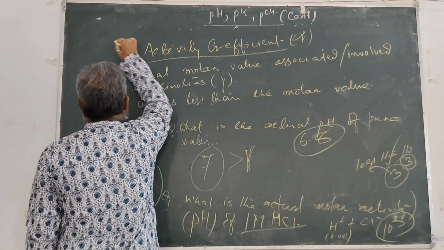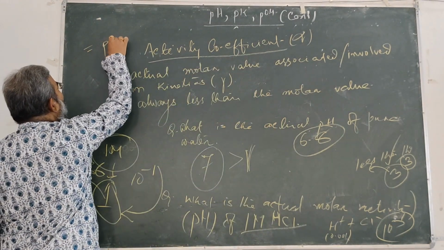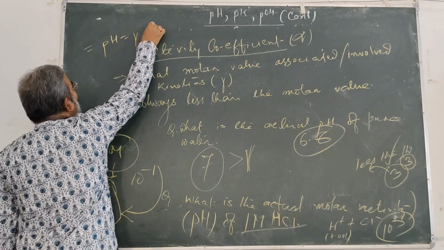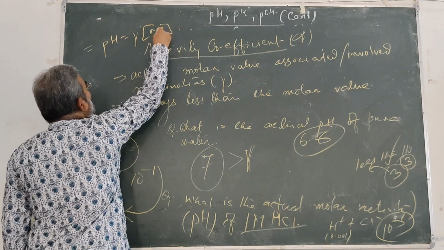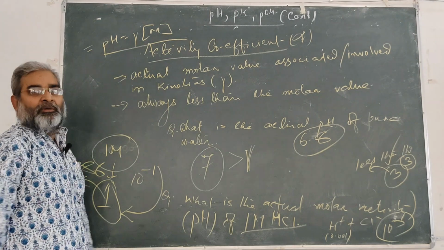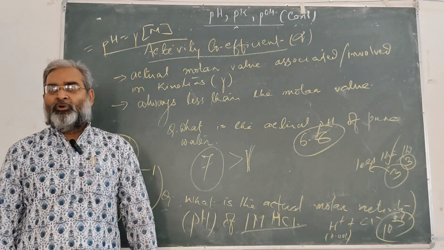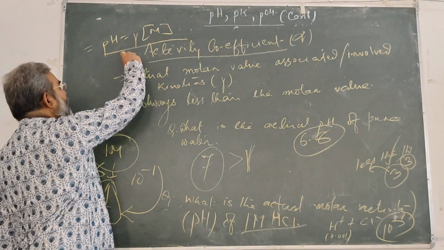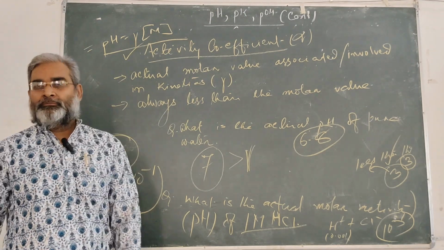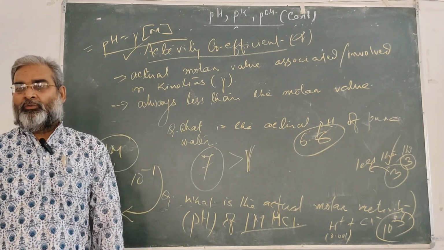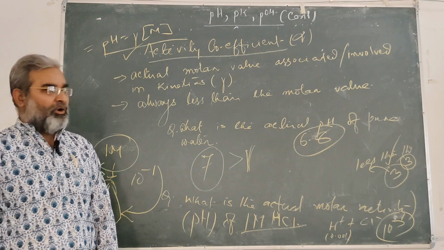Then here the value is pH gamma molar value, where the gamma is always less than the molar value. Gamma is always less than the molar value.